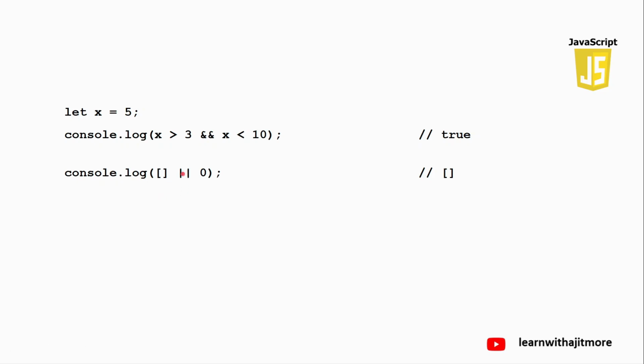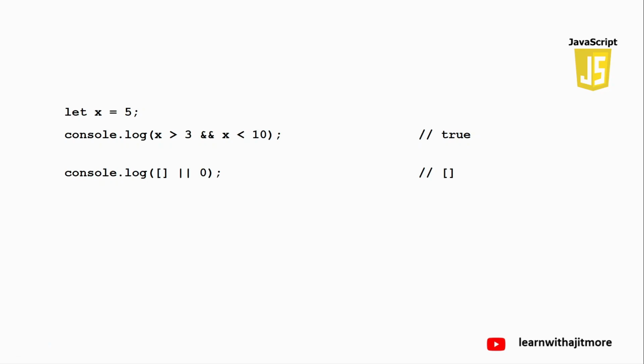Therefore, in OR, tell me, when the first part is true, will it check the second part? No need. So it will return the first truthy value. So who is the first truthy value? The square bracket, that only comes. Yesterday in the table we mentioned that in case of ANDing, it returns the last truthy value when all are true, or the first falsy.